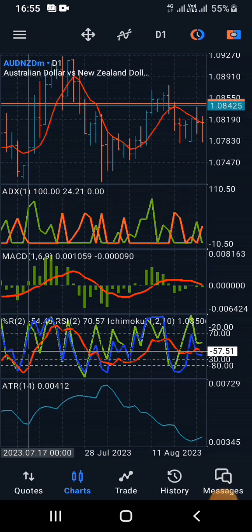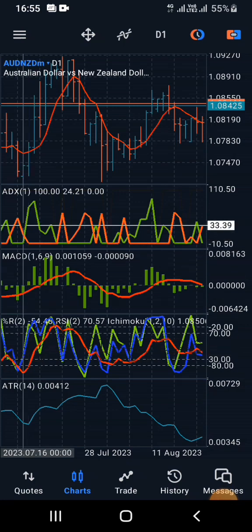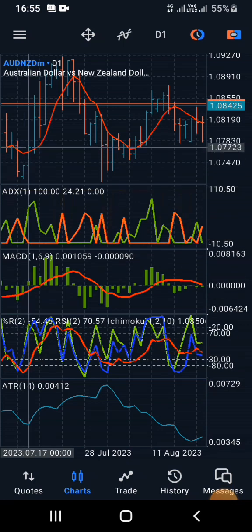You see, in this particular case here, they completely agreed. Not the three, actually we have 1, 2, 3, 4, 5. Basically the 5 completely said, or let's say 6 because the Ichimoku is part of it. But anyway, these 4 sets tell us we are to go long.